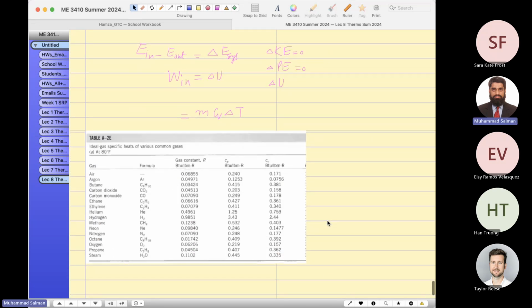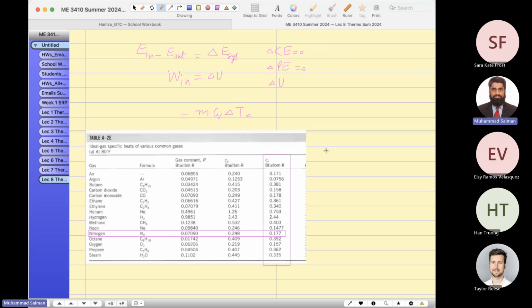So for nitrogen gas, this is BTU per pound mass per Rankine. So Cv is 0.177. Let me write it down separately so that you will not get confused.